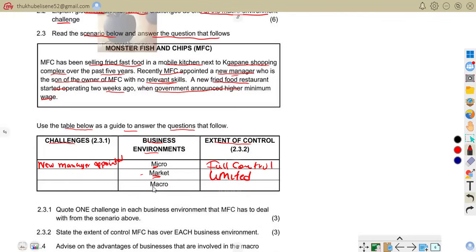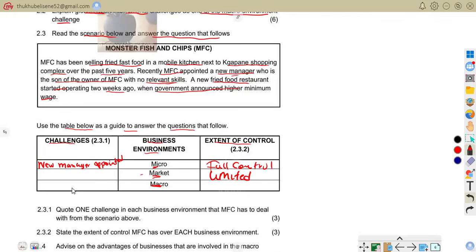Now coming to the macro environment, we want to know the challenge. The challenge under the macro environment is that government laws affect businesses.